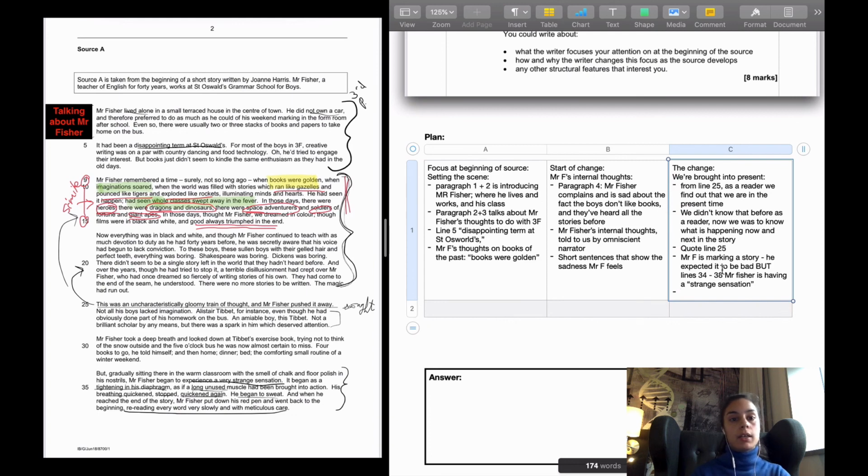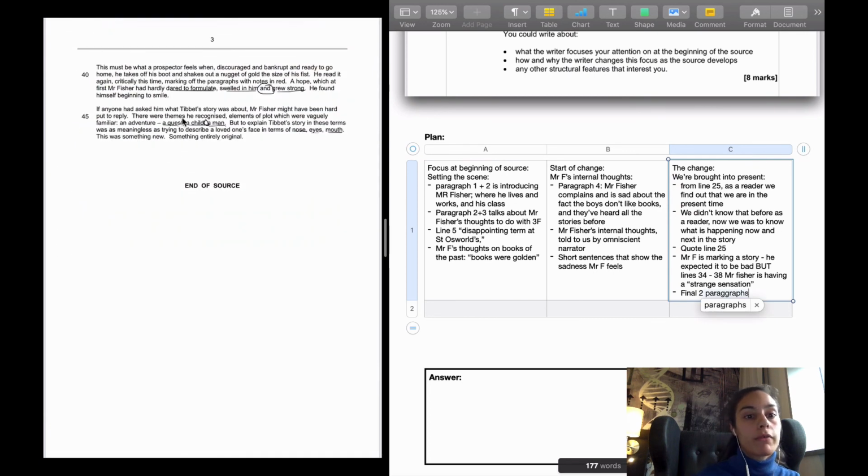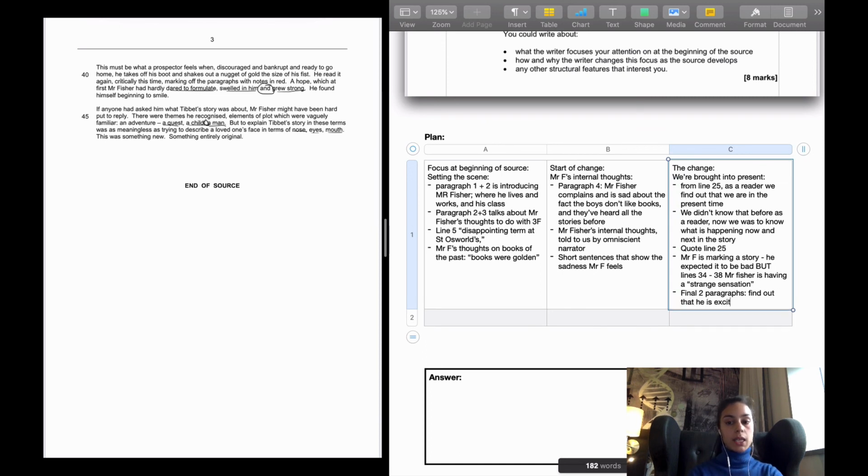And then final two paragraphs. Well, probably more final paragraph. Final two paragraphs find out that he is excited about Tibbet's story because it reminds him of the stories he loved to read.